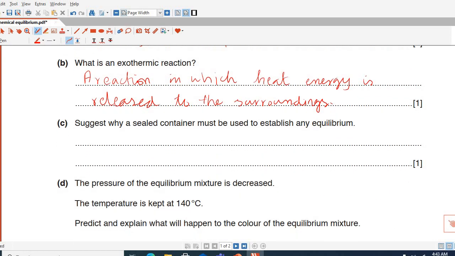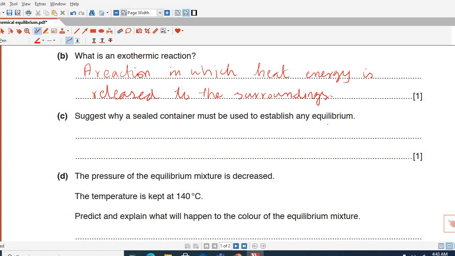Now the C question is, suggest why the sealed container must be used to establish any equilibrium. What is the reason for the sealed container, right? Why are we using it?